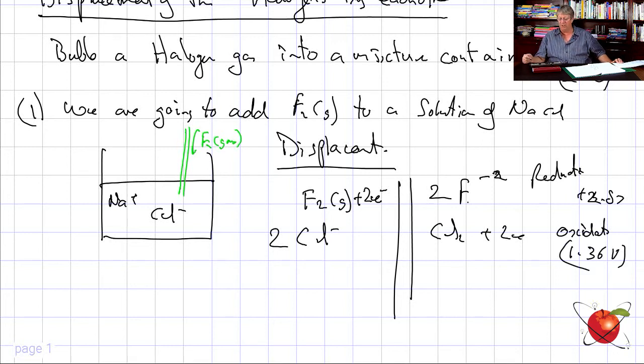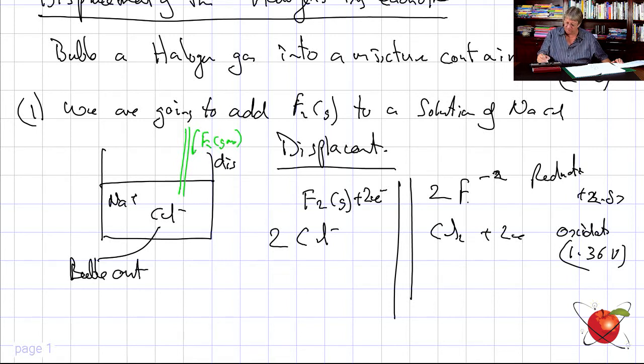Okay, it's at 1.36 volts. So that's what we're saying. That's the ion, and we're saying, will it displace it? So will that come and bubble out? And will the F2 dissolve? That's what we're saying.